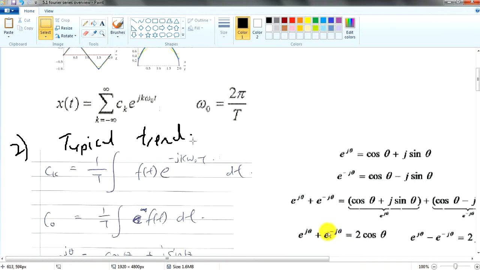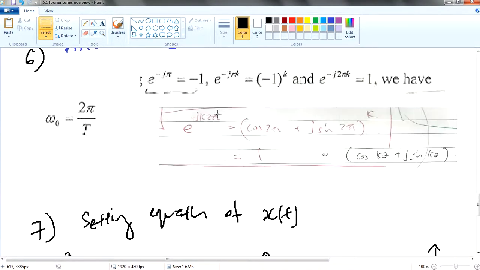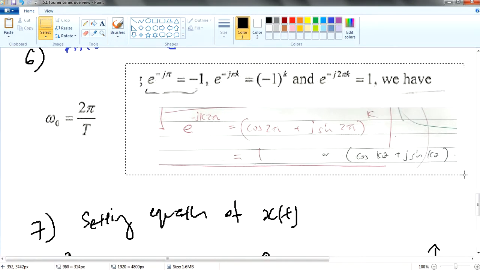Everything depends on the situation of the question. I just remember this as a general formula for everything.